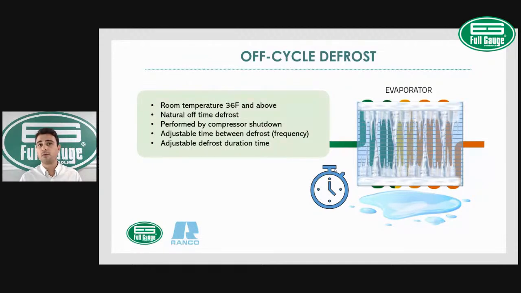So you're going to run the refrigeration, the cooling process, on for 4, 6, 8 hours, and then you're going to stop that system for a set amount of time, 15, 20, 30 minutes, in order to naturally melt down that ice present on the evaporator coil. So the off-cycle defrost is commonly found in medium temp applications.